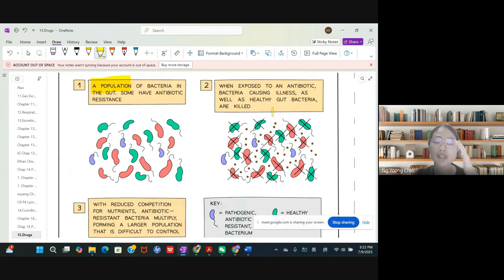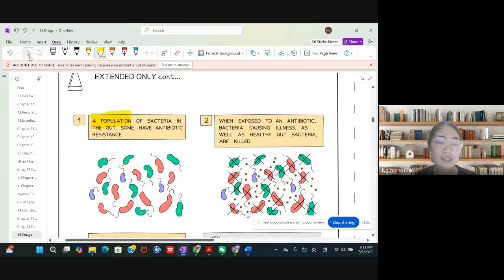Sorry, before that, I want to clarify that you have a population of bacteria in your body. They just grow inside your digestive tract, your respiratory tract, your gut. Gut refers to the intestine, 肠道. This bacteria is in a very large population.